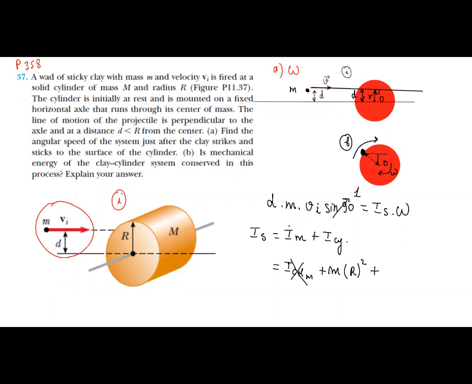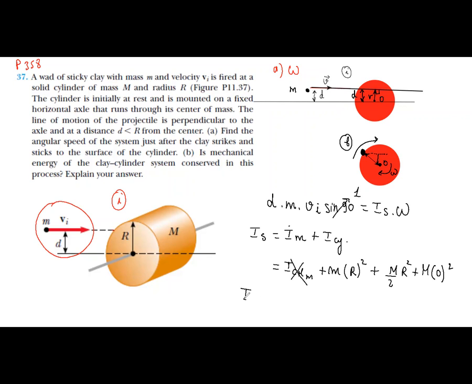I give you the value of ICM of the cylinder, which is half mR squared, plus m times the distance between the center of mass of the cylinder and the axis, which is equal to 0.